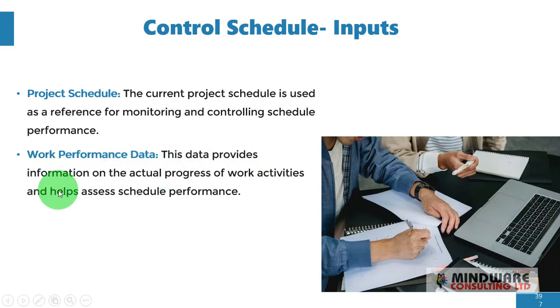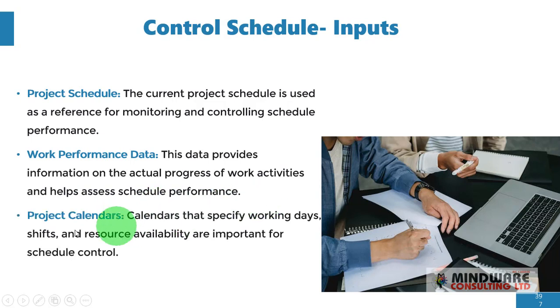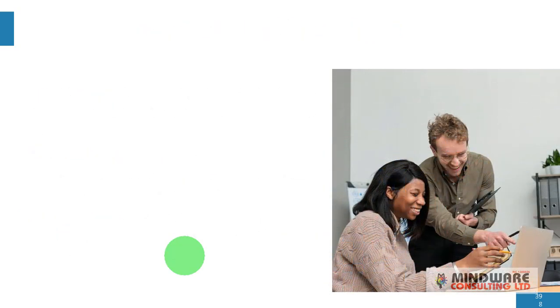This data provides information on the actual progress of work activities and helps assess the schedule performance. And also the project calendars. Calendars that specify working days, shifts, and resource availability are important for schedule control. So these are the inputs that you need while working on the control schedule process.